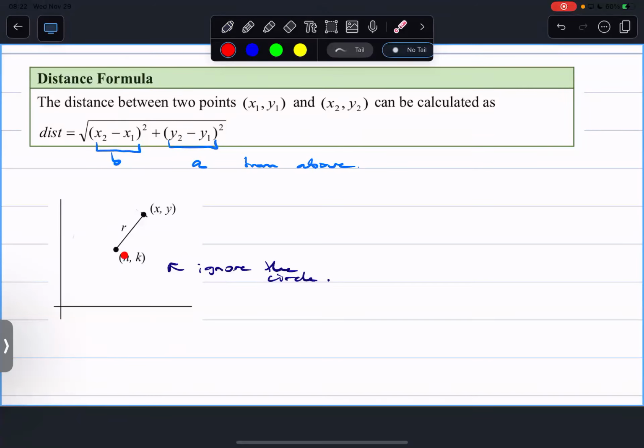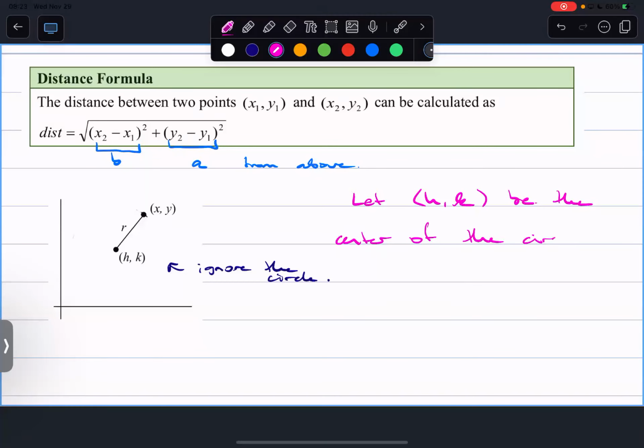So if we define the center, or one of the points, as (h, k), which sounds familiar because we've looked at the vertex, now (h, k) is going to be the center of the circle. Let the point (h, k) be the center of the eventual circle.